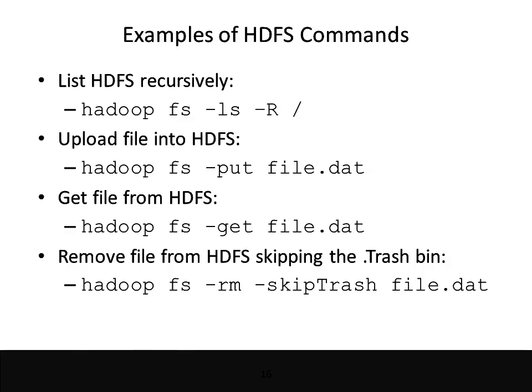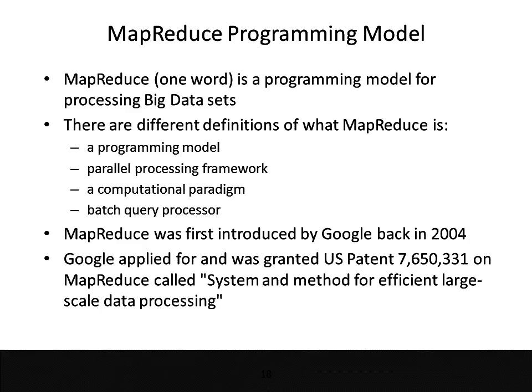Now, the other key component of the Hadoop environment is MapReduce. MapReduce is a programming model designed for the processing of very large sets of data. And there are several different ideas about what MapReduce is, all of which are correct. We can think of MapReduce as a programming model, or a way of programming, a pattern might be another way of saying it, of organizing processing.